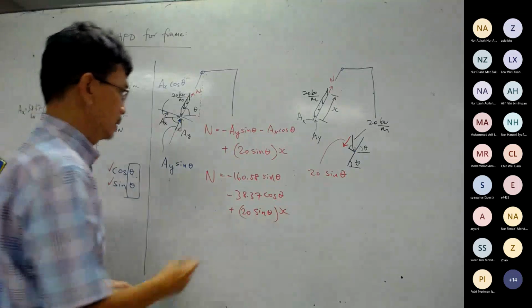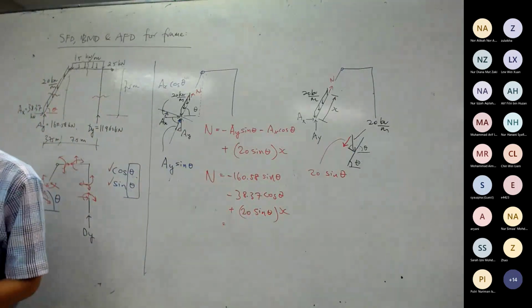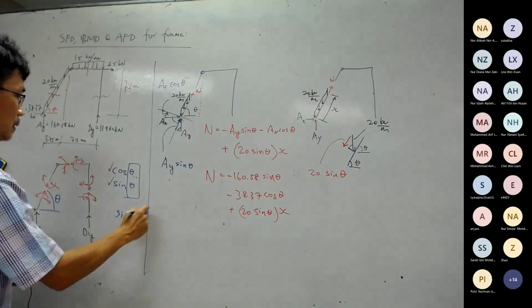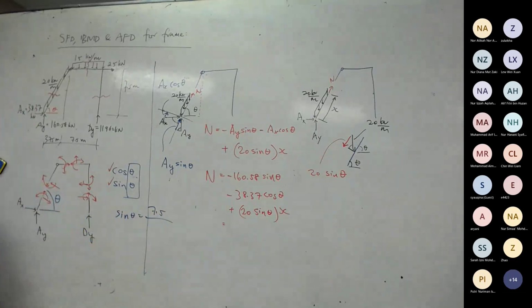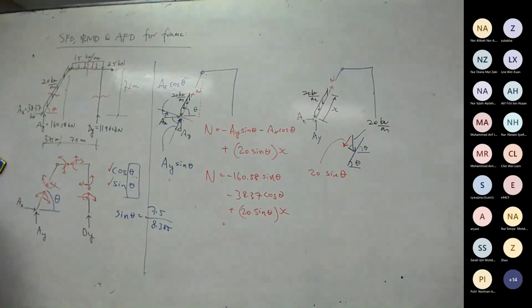So if we calculate this, what is this? I think, and anyone calculates, okay. What is that value there? Sine theta is, sine theta, you get 3.75 plus 8.38. Sine theta is 7.5 divided by 8.39. Right.